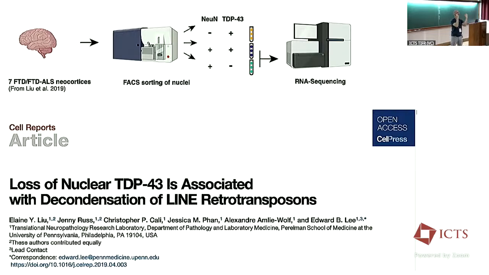So they had all these brain-derived neuronal nuclei with or without TDP43, and they did RNA sequencing, and they found all the changes in gene expression happening in the brain in neurons losing TDP43.